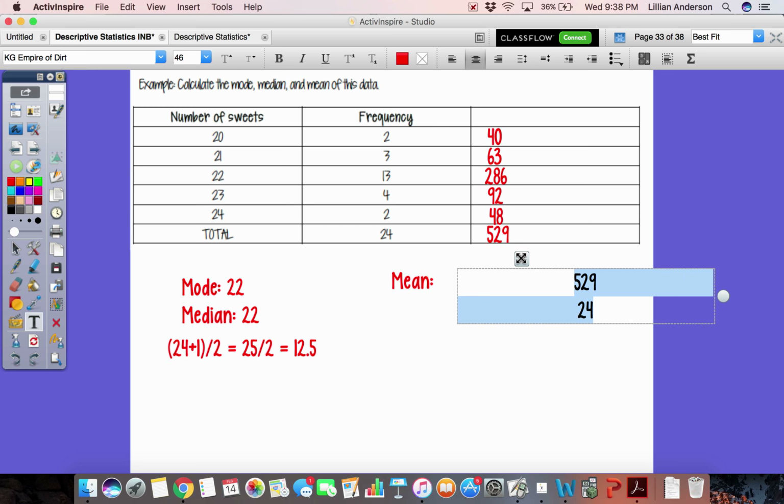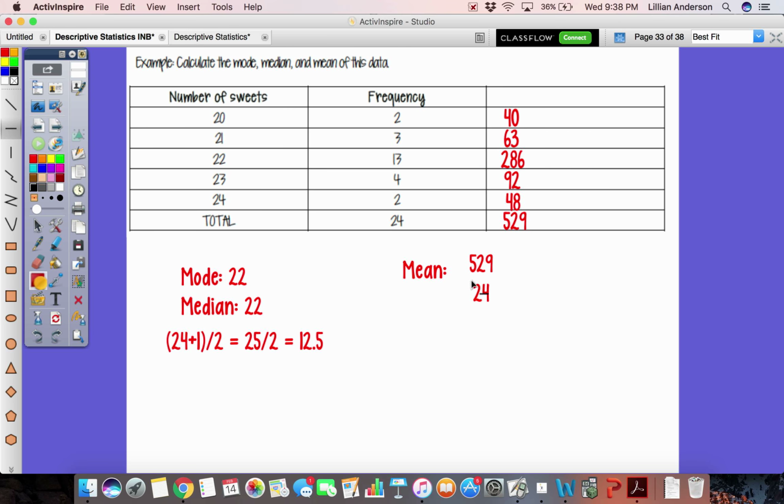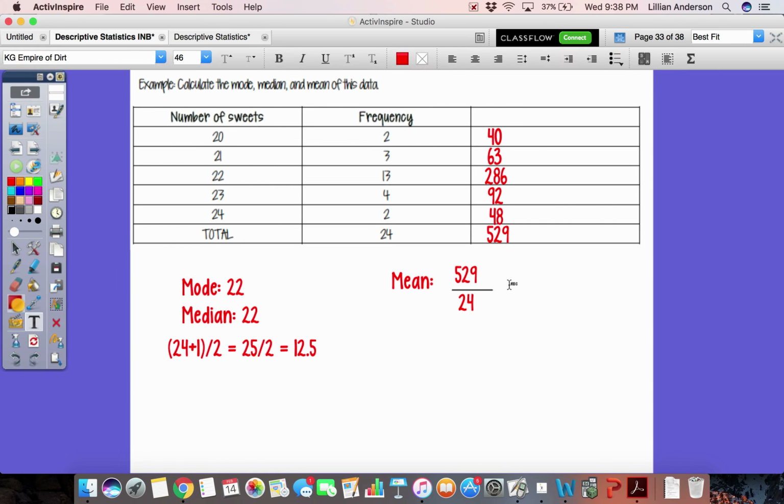Now we know our total frequency is 24 because that was 24 packs, and also it says it right there down at the bottom of that column. So then we're going to do 529 divided by 24, and our mean, rounded to 3 significant figures, is 22.0. And yes, we do need to include the 0 because we are rounding.